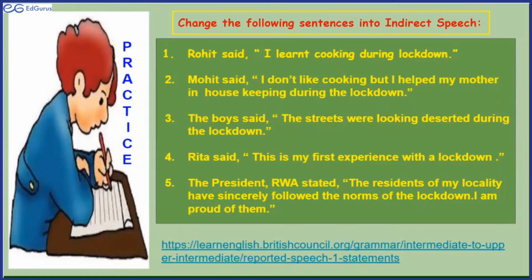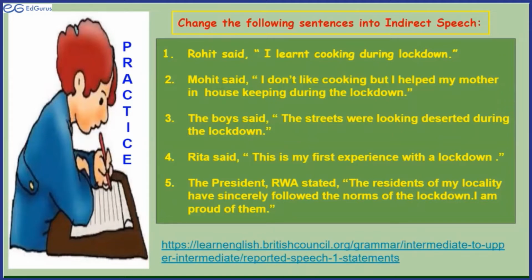Mohit told that he didn't like cooking, but he had helped his mother in housekeeping during the lockdown. Very good. Very well done. It's really amazing how you took care. The don't is changed into didn't and help is changed into had helped.